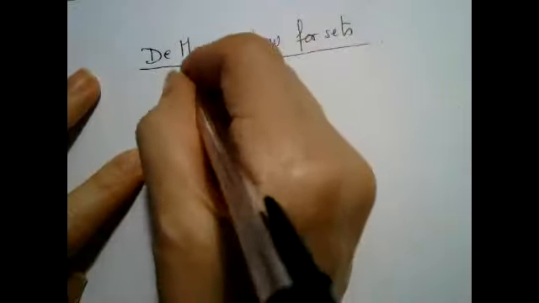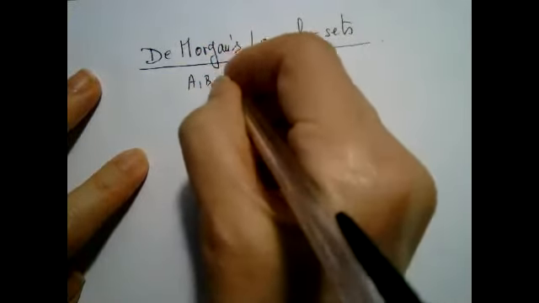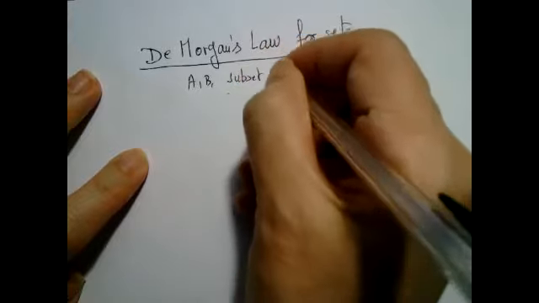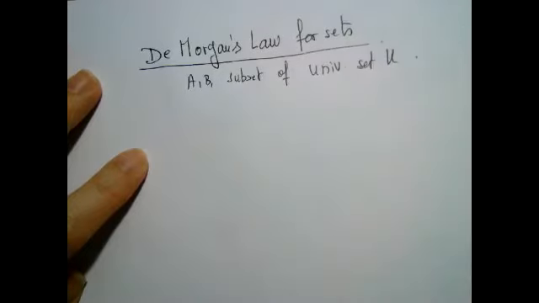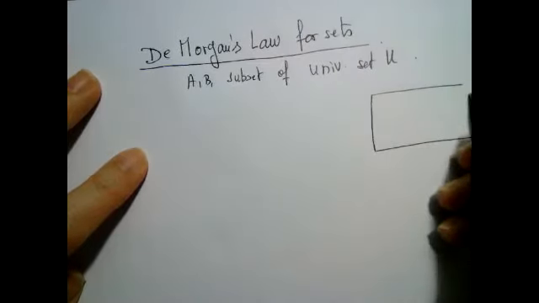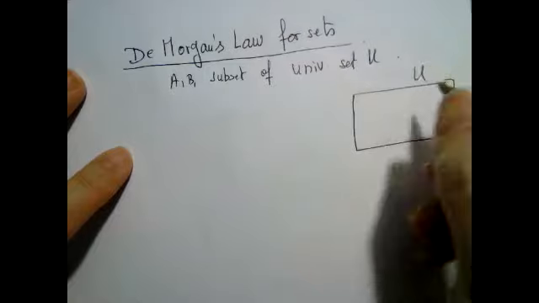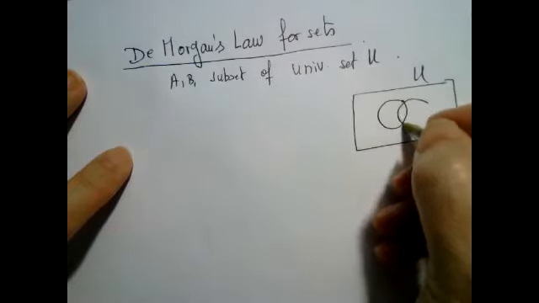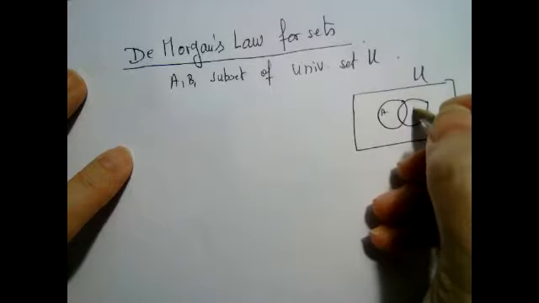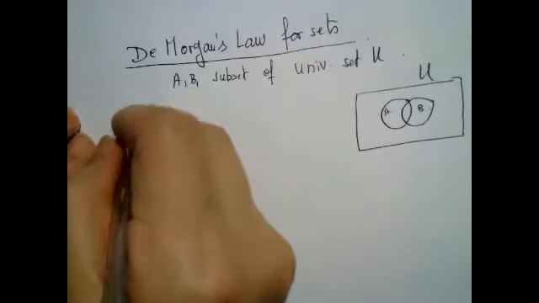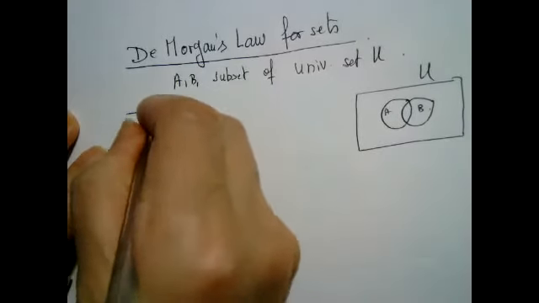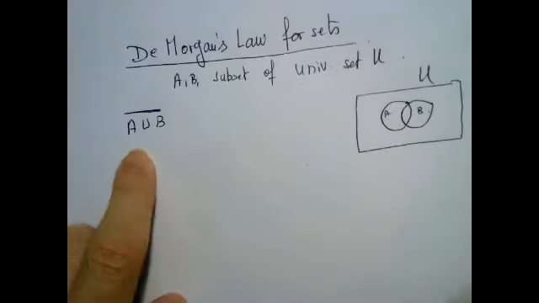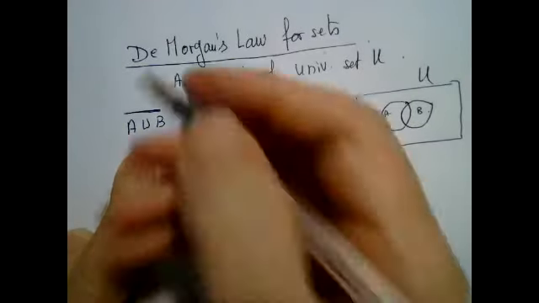If you have two sets A and B, subsets of a universal set U, okay, so I have a universe, but I'm going to talk about complement, so I need a universe immediately. And this is my A and this is my B. De Morgan's law tells me the following, that if I take the complement of A union B, meaning everything that's not in A union B, what do I get?